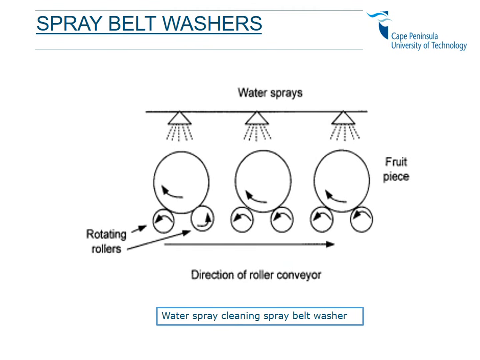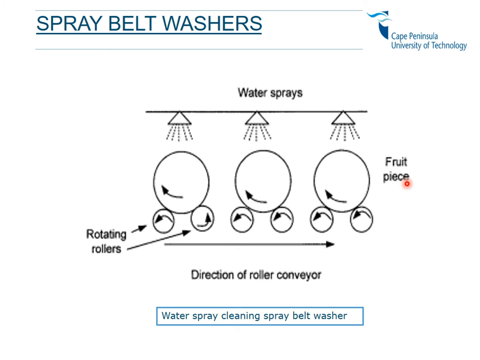The second one is the spray belt washers. Here we find that the sprays are located at the top part and they are stationary, right? This consists of a perforated conveyor belt that carries the food beneath the water jets. The conveyor belt goes this way, and you've got the fruit pieces coming in.